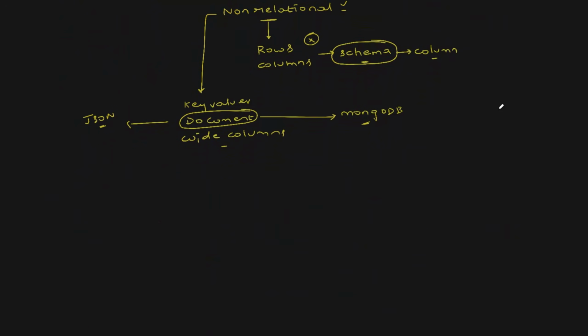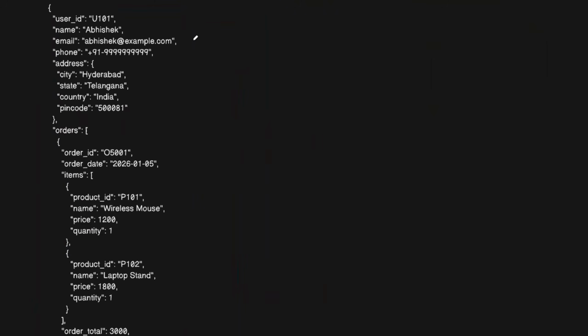Let me show you with an example. So with non-relational databases, the JSON document of Abhishek user would look something like this. So this is the complete JSON document where you have name of the user, email address of the user, phone number of the user. Let's say there are multiple orders for the Abhishek user.